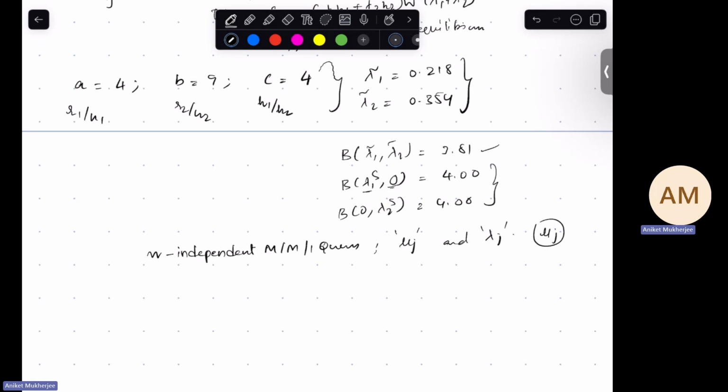Mu j are fixed and lambda j are the design variables. So we want to minimize the expected number of customers in the system, right? We'll formulate the optimization problem and we'll see.